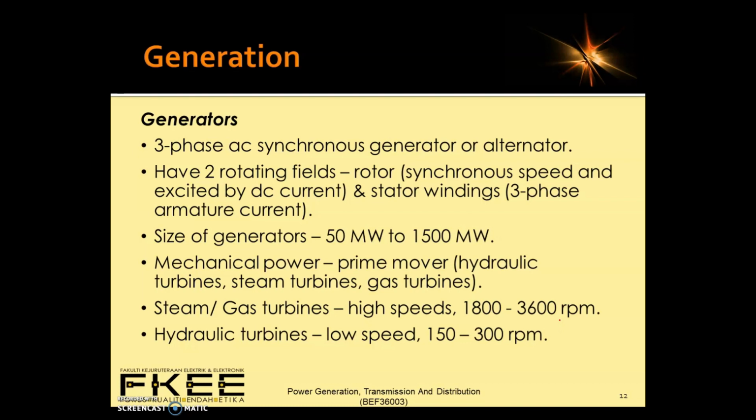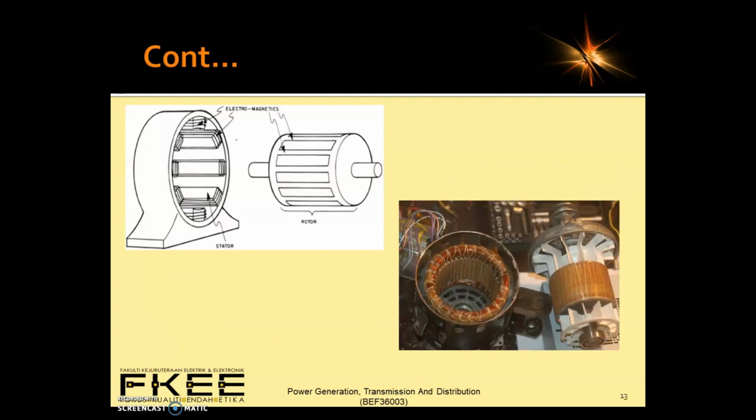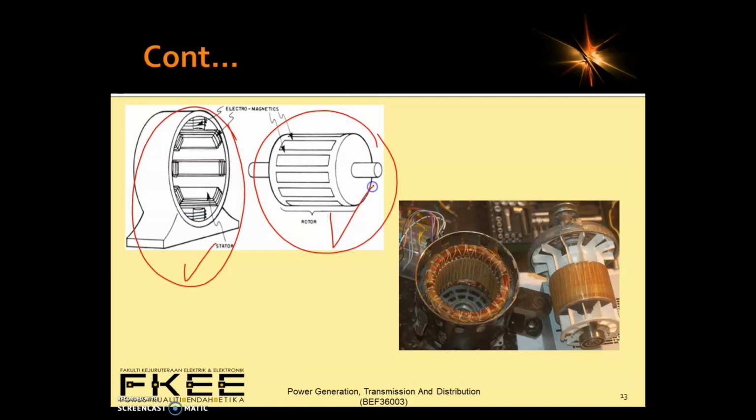Okay, so basically the synchronous generator has two rotating fields, which are the rotor and also the stator. This one is the stator and this one is the rotor. The stator is the stationary part of the AC motor, while the rotor is the rotating electrical component.